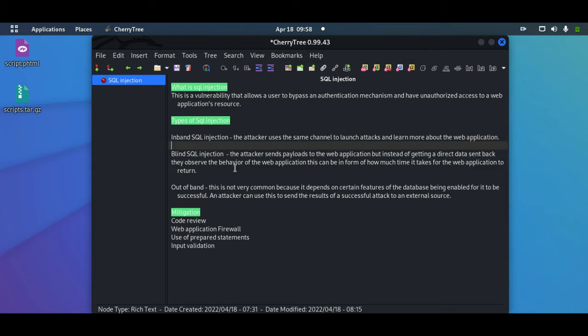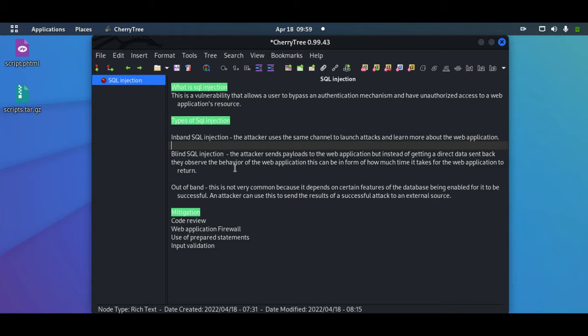For the types of SQL injection that we have, the first one is inbound SQL injection. You can think of it as, let's say we have a login page to our website or web application, and in that login page we have the username and the password, right? In the username field, an attacker would input some code or characters, and based on the way they're interpreted by the web application, they would get some feedback, right?